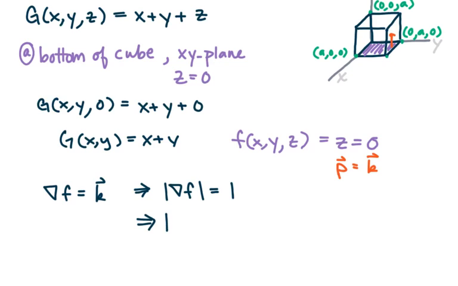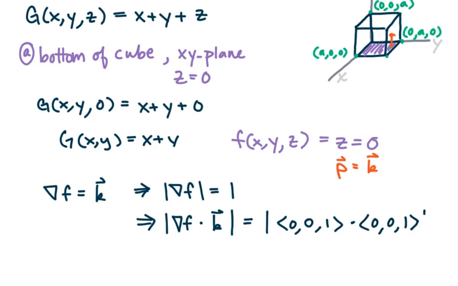And then the magnitude of gradient f dotted with k, that's the magnitude of 0, 0, 1 dotted with 0, 0, 1. That's just going to be 1, the magnitude of 1, which is 1.